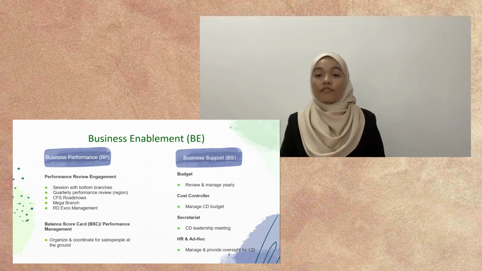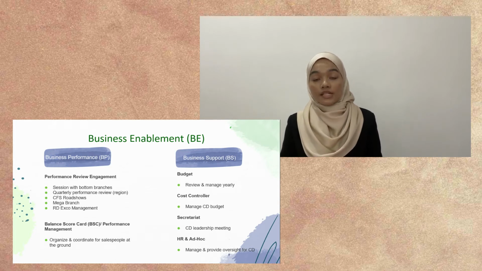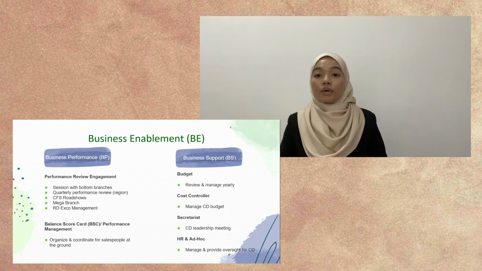Next is quarterly performance review between regions, which is seen as the early one. After that is CFS Roadshow, which stands for Community Financial Services, where they will have a proper meeting with head office council, head region from head office, and also managers from each branch, and all together will discuss and fix the problems facing the branch, so that they can know their target, whether it can be achieved within the timeline or not.